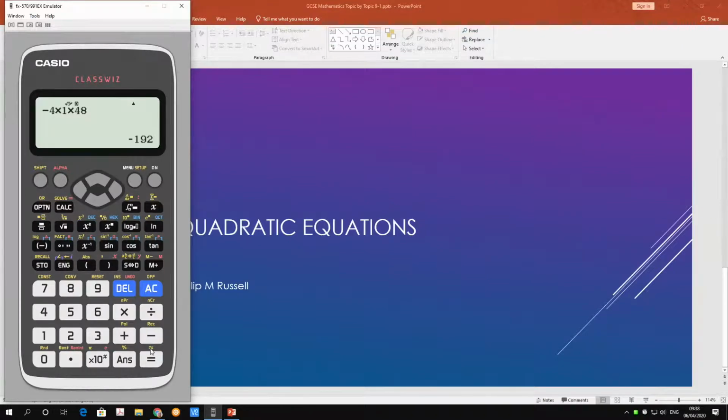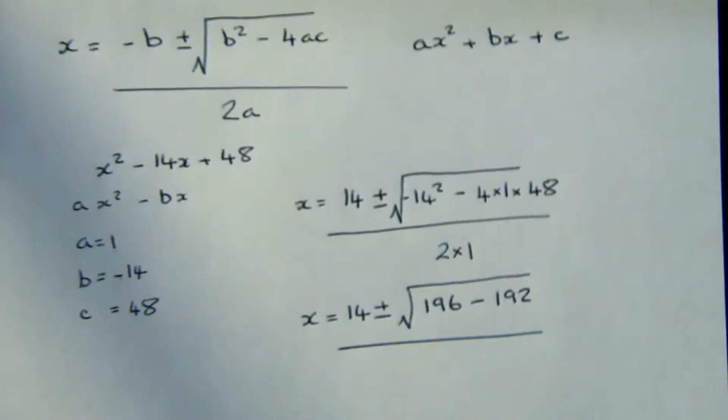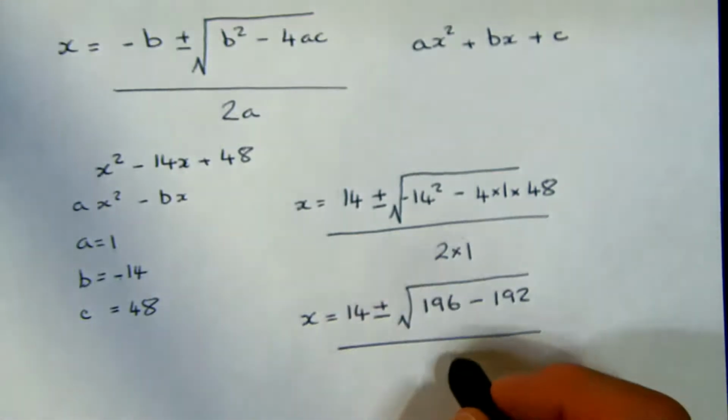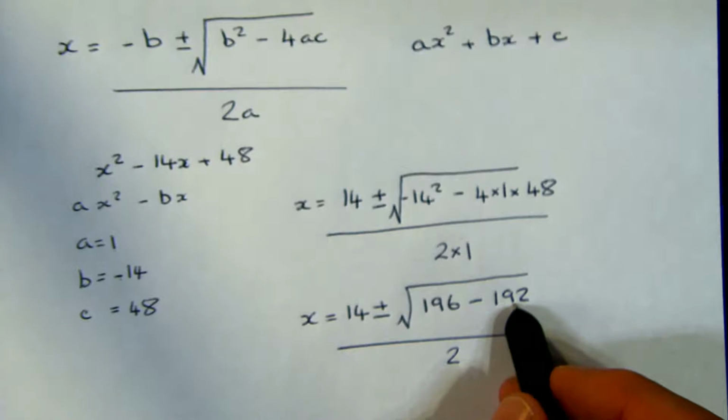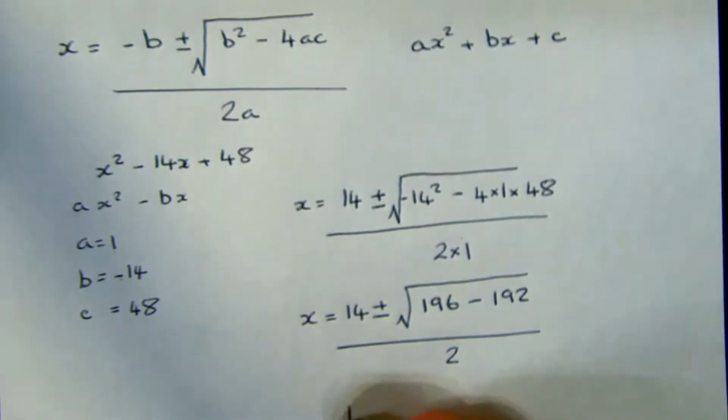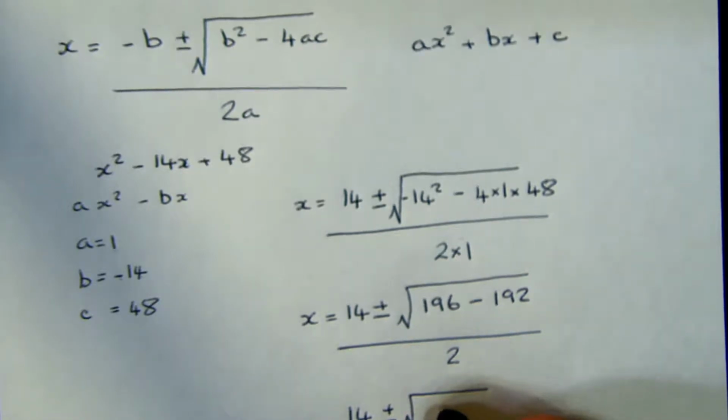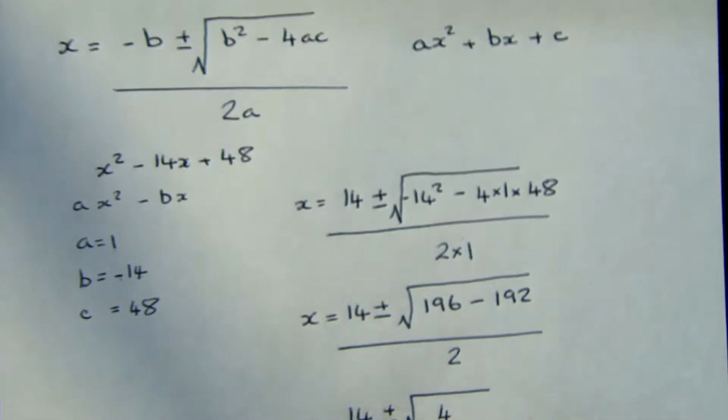Yeah, I did choose this one for a reason. All over 2a, which is 2. 196 minus 192 is going to give me 4. So I've got 14 plus or minus the square root of 4, all over 2.